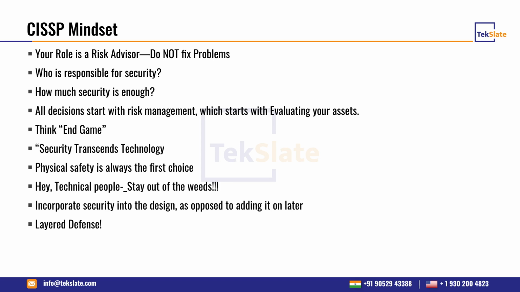Physical safety is always the first choice, obviously. What is physical safety? It means people's safety as well. Let's suppose there is a building, there is a cyber attack going on a critical server, and there are people in the same building. You have to choose whether the server room or the building is locked, or the people. Which do you choose first?